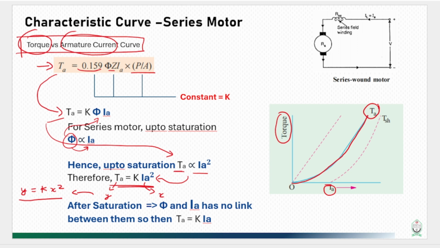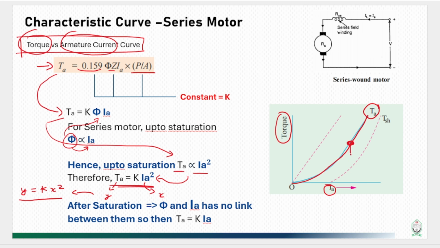When we were talking about torque associated with DC motor, we learned about another type of torque, that is shaft torque. The shaft torque is related to the output of the motor. Suppose at any instance we were getting a value of armature torque like this.